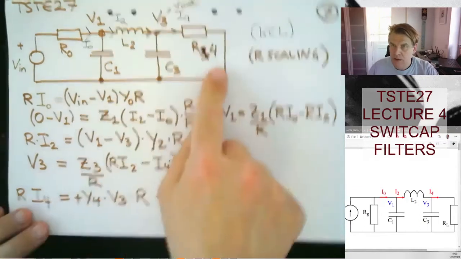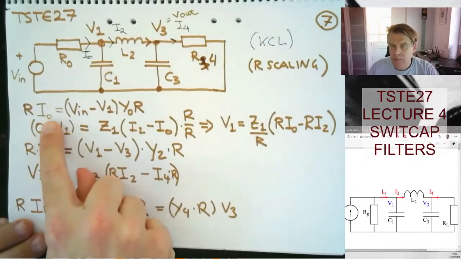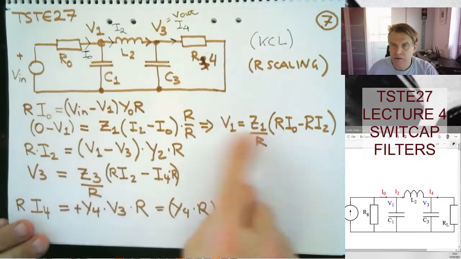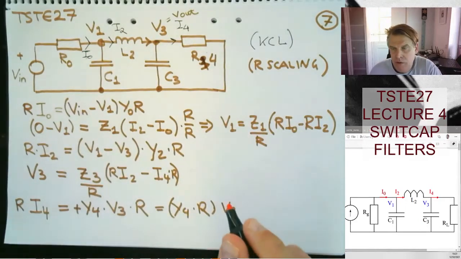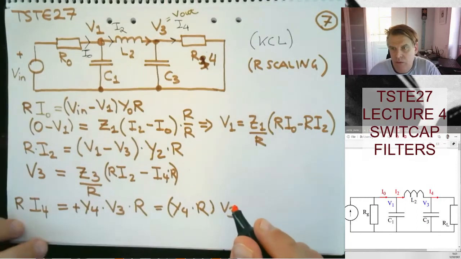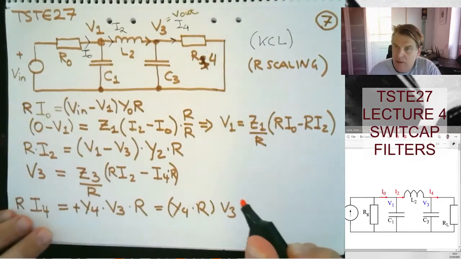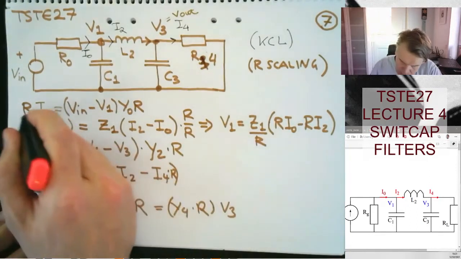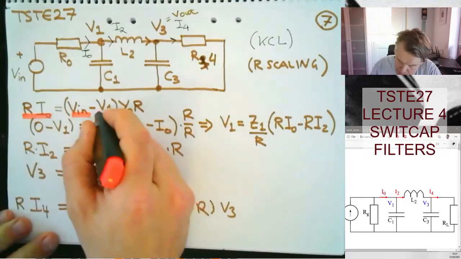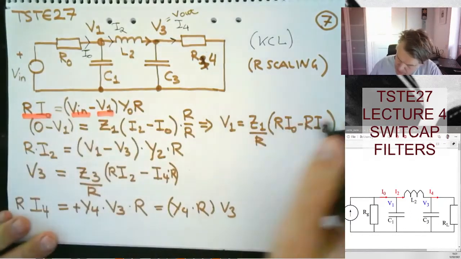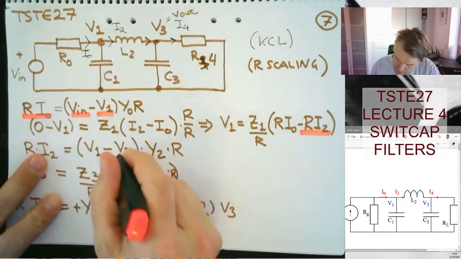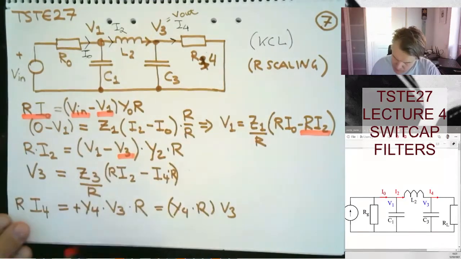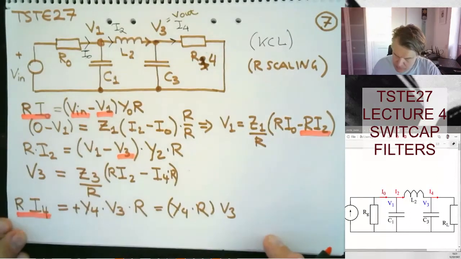So I'm just using basic KCL, but rather than having currents, I want equations that are always voltages. And then I use these voltages as state variables, as observable voltages in my network. So I have one guy here, and I have a new one here, and then V3, and eventually R times Y4.